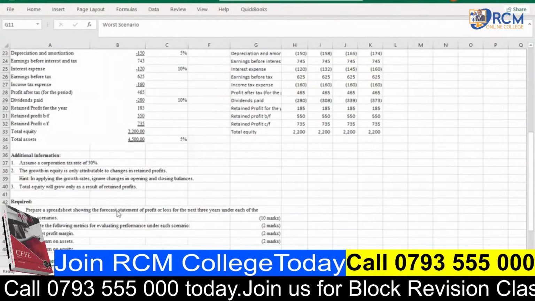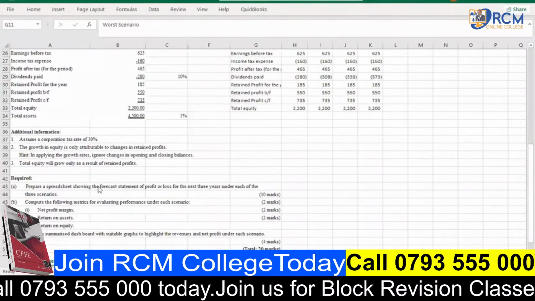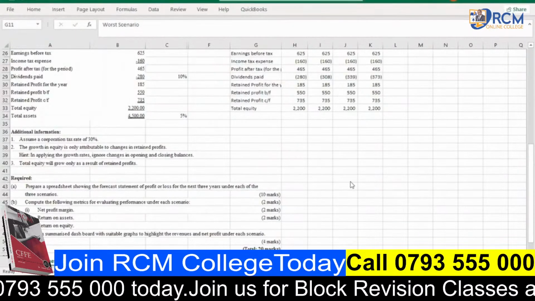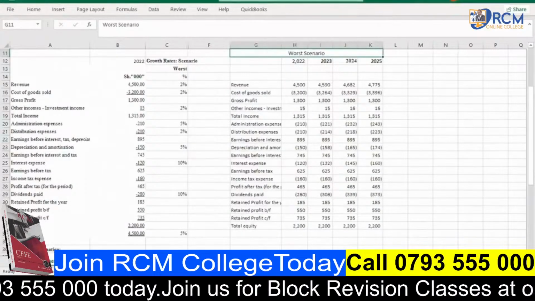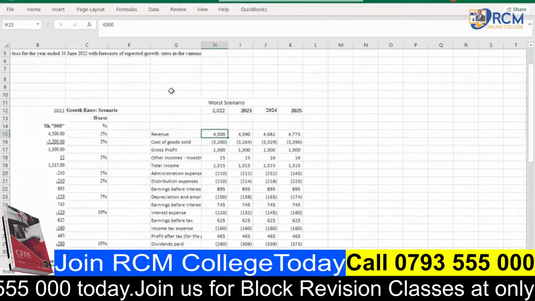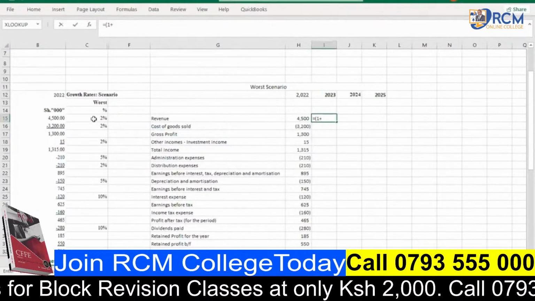How do we autofill for 2024 and 2025, sir? How do we autofill for 2024 and 2025? Have you set your formula? 1 plus the growth rate. Our growth rate is 2%.